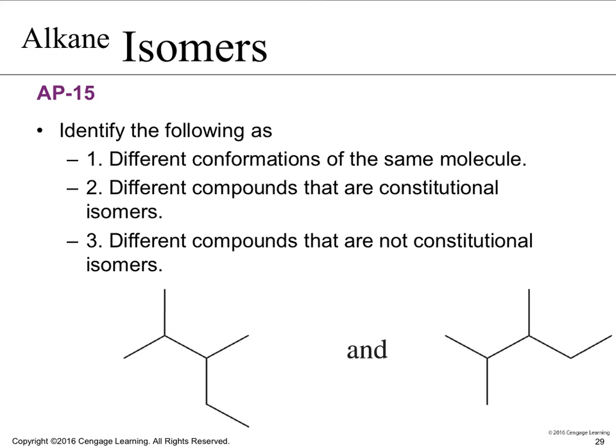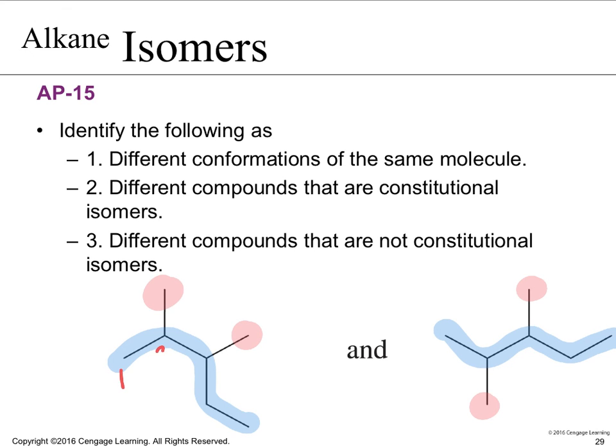All right, so again, best thing you need to do is try to find your longest carbon chain. And the longest carbon chain I can find on this left one is going to be 5 carbons. I can also find a 5-carbon chain in the second one. And I see that I have 2 separate CH3 groups coming off of my 5-carbon chain. So now I'm going to see if I can number it and get the same numbering pattern.